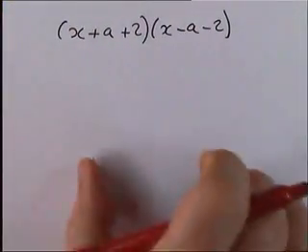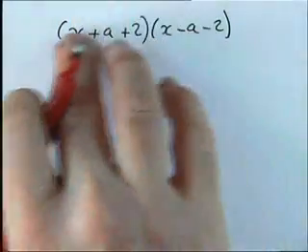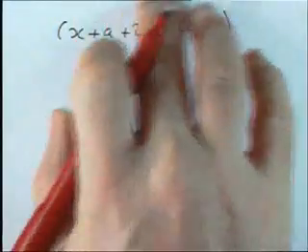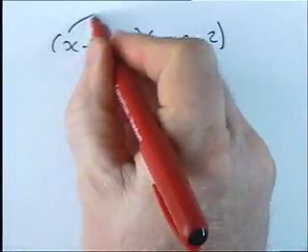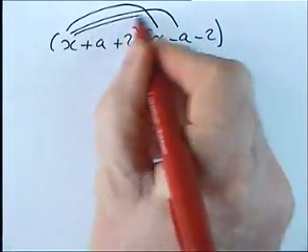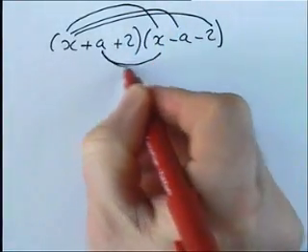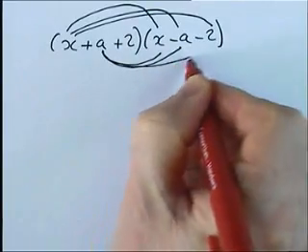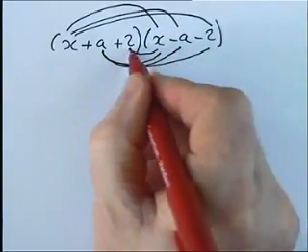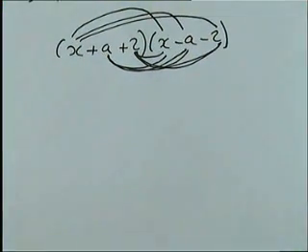Now you're going to need a 3 by 3 grid, or you're going to have to make sure that you multiply everything in the first bracket by everything in the second bracket. You can see that using the lines it gets quite complicated quite quickly, so it's much better to write it out as a grid. So pause the video, try writing it as a grid.